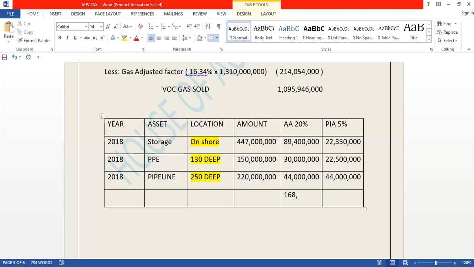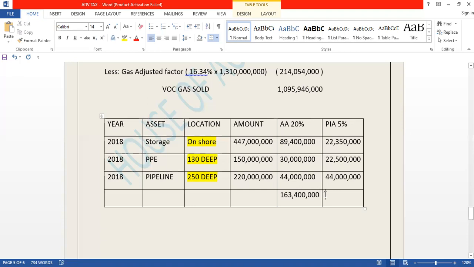Let me also try to add it together here to make the work faster. We have 3,000, 30,000 plus 44,000. So I'm having 163. Yes, 163, 400, then 1,000.